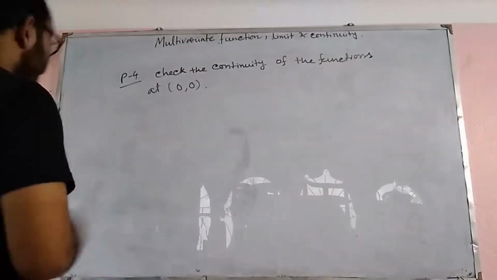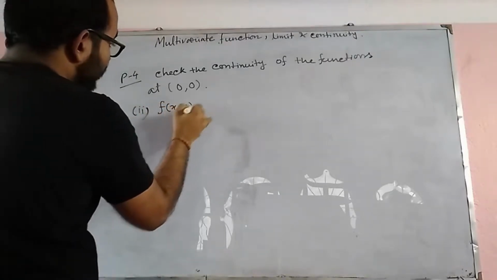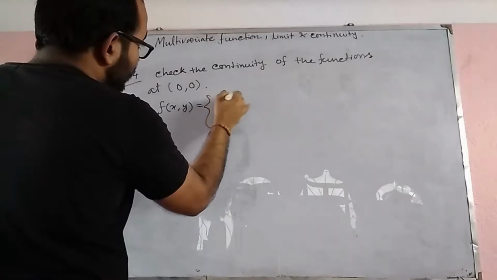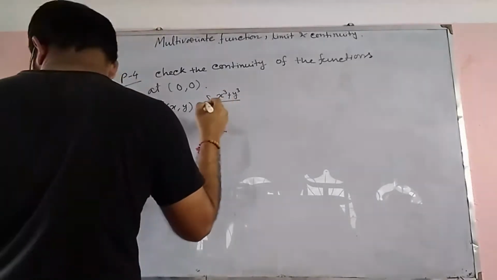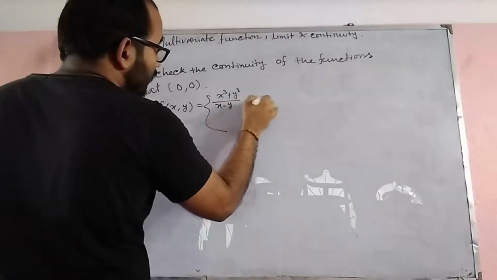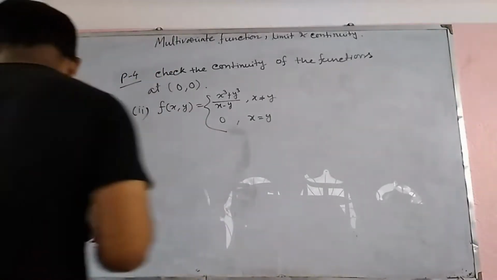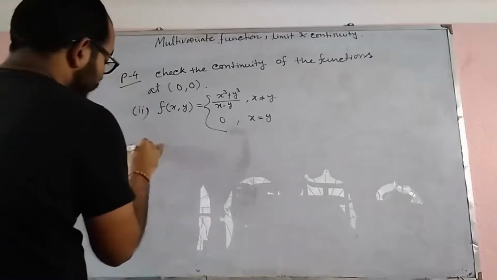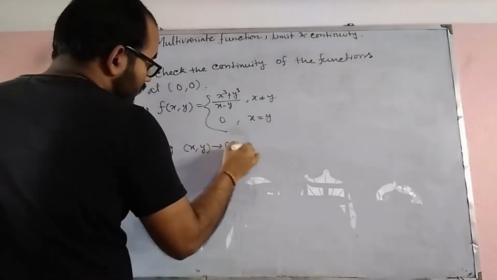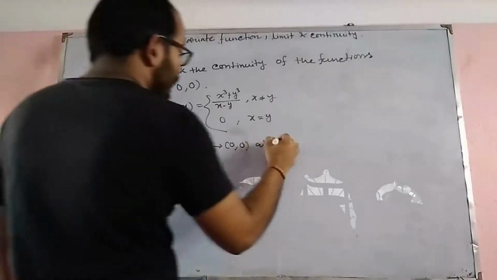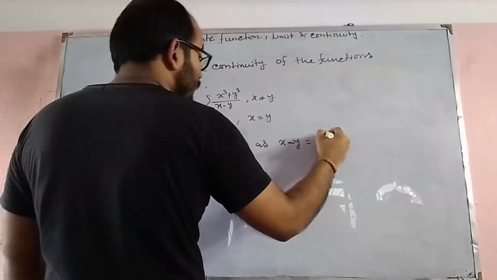Now our first function is f of x y is equal to x cube plus y cube. Letting x equal to y, see, x minus y is equal to m x cube.